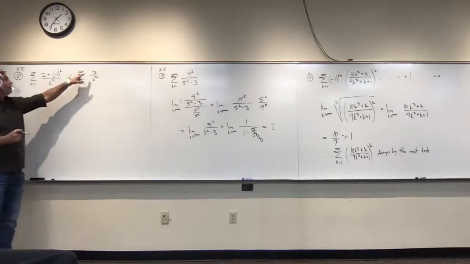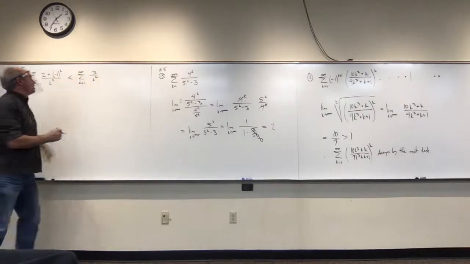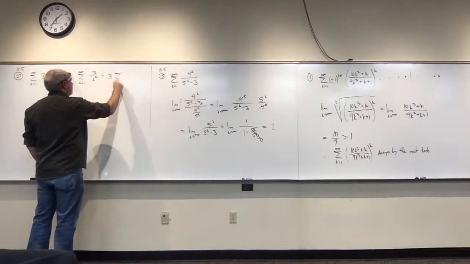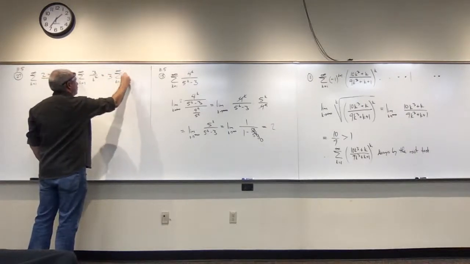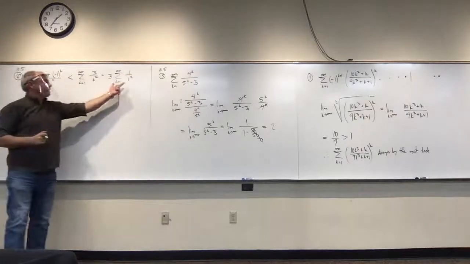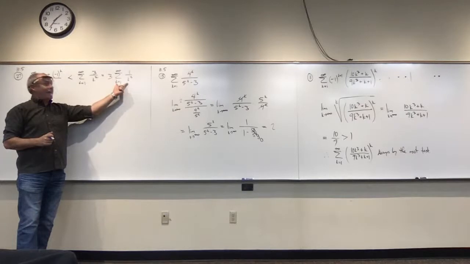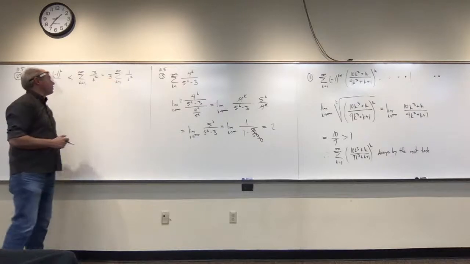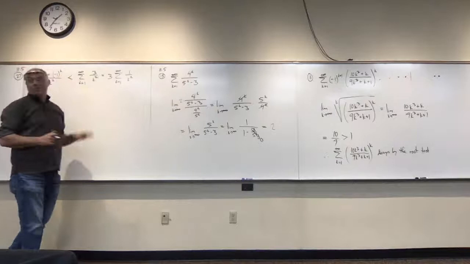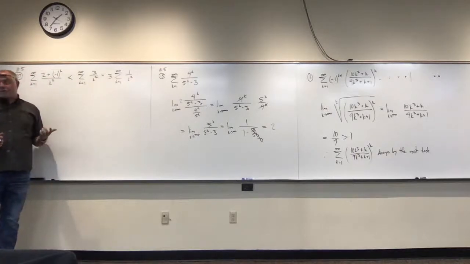And if you wanted to, you could factor out that constant, which is equal to 3 times the sum k going from 1 to infinity of 1 over k squared, if you don't like to have the 3 up there. And then this is a p-series. We just said that converges. So 3 times it also converges. And so now this thing's smaller than something that converges. So it converges by a comparison test.